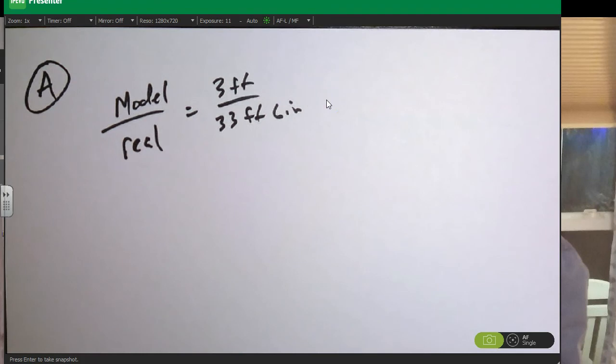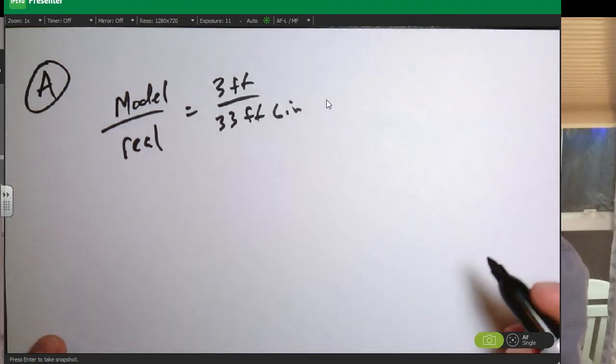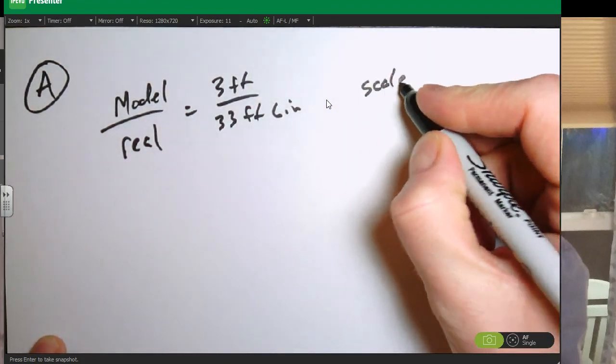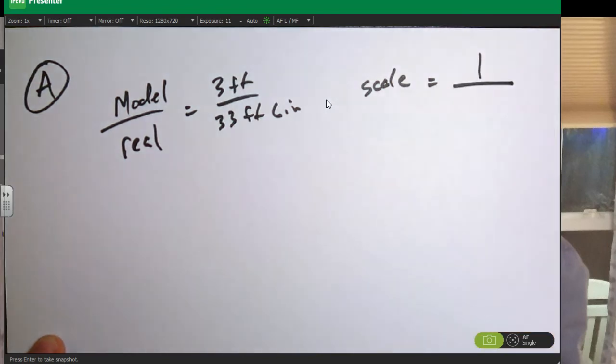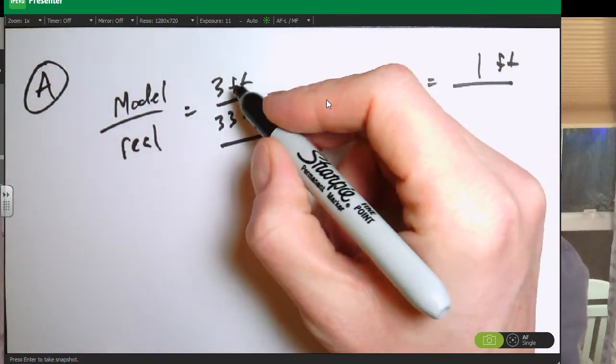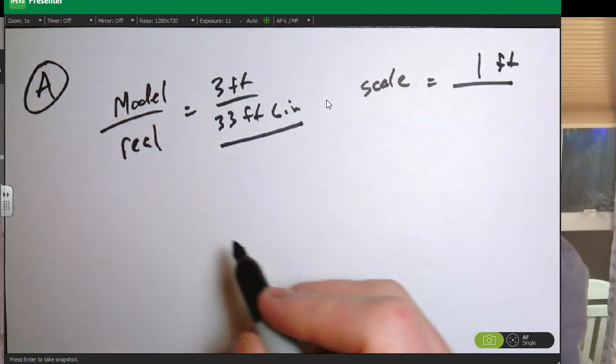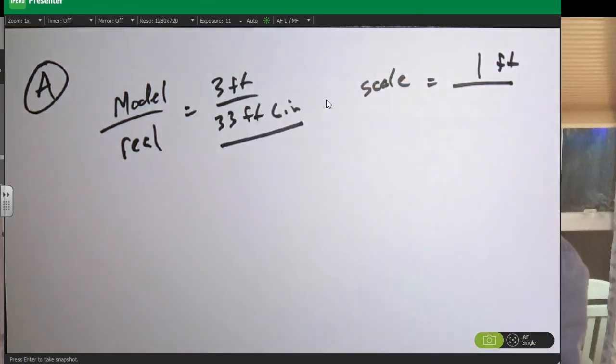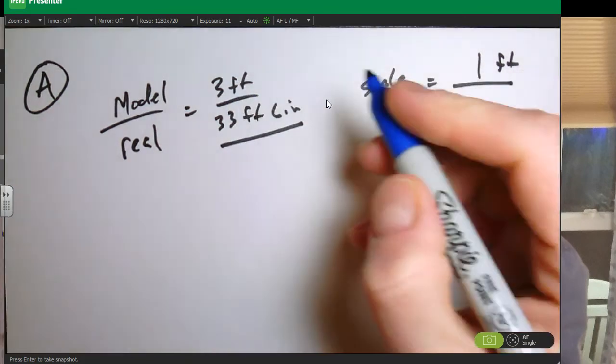Okay, how is the scale this? Well, what you really want for a scale is you want 1 to something. So in our case, we want 1 foot to whatever this would be. And this one's a little trickier because of the mixed units, but we can kind of cheat in this case and say, okay, if I have 3 feet to 1 foot, I could divide both of those by 3.